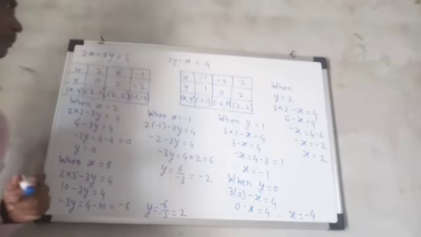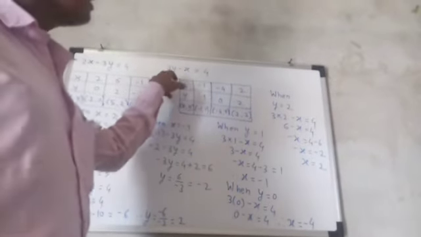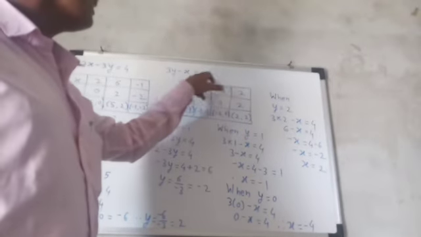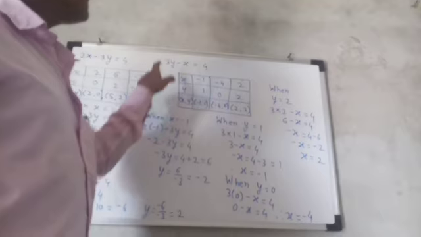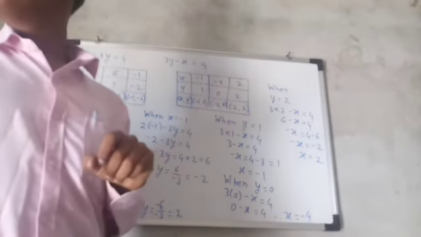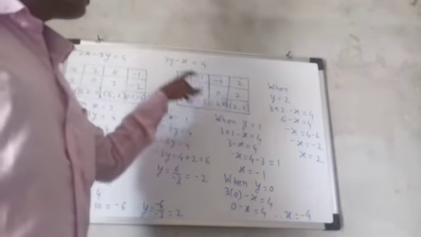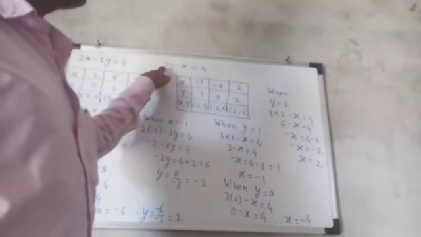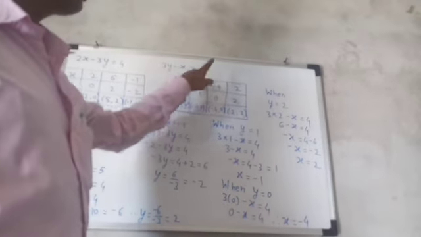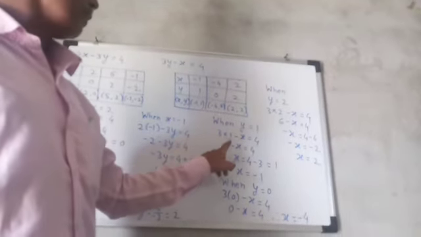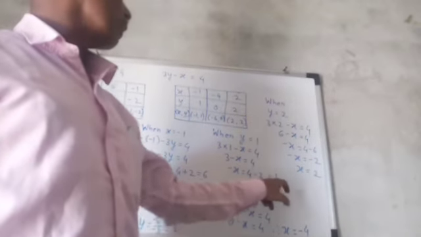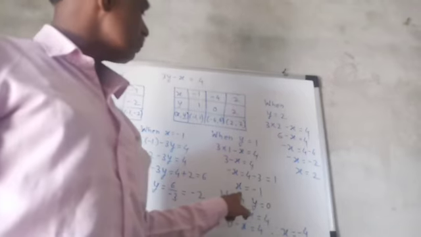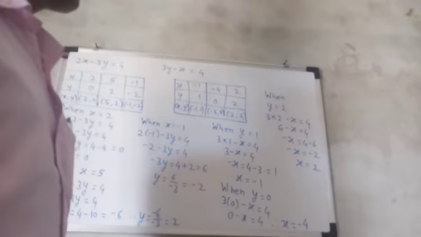See again. In this case, 3y minus x is equal to 4. It is convenient to take values of y. When y is equal to 1, 3 into 1 minus x is equal to 4. 3 ones are 3. This 3 goes across with a minus sign. Here comes 4 minus 3, 1. Minus x is equal to 1, which means x is equal to minus 1.